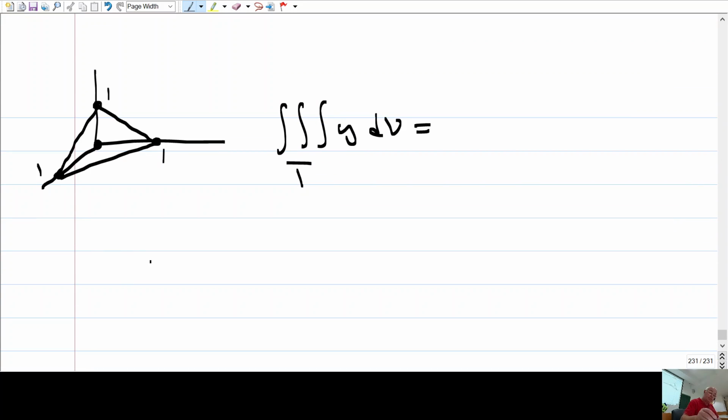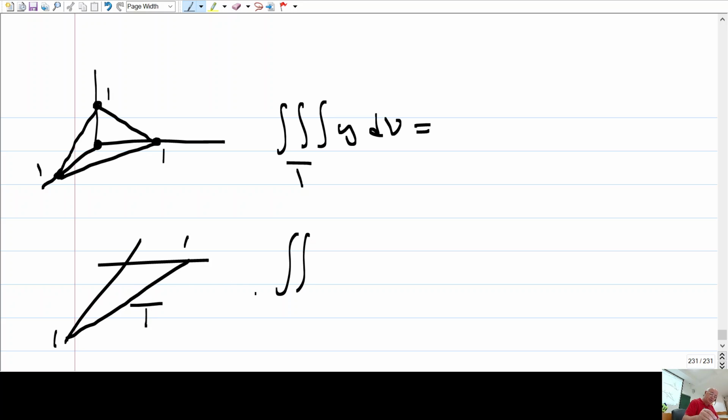Suppose it was a double integral like this. Okay. 1, 1 in the xy plane. And T is the triangle here. How would you write this? Well, you could write it this way. Suppose this is x. x is ranging from 0 up to 1. And for each x, the y coordinate ranges from 0 up to this point.